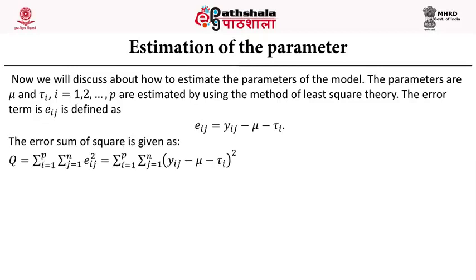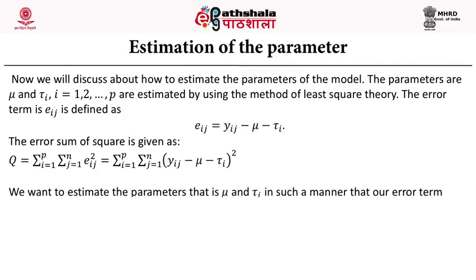The error term is denoted e_ij and it is defined as y_ij − mu − tau i. The error sum of squares is represented by a capital letter Q, which is equal to the double summation of e_ij², where the summation is over i and j, with i varying from 1 to p and j from 1 to n, which equals the double summation of (y_ij − mu − tau i)².